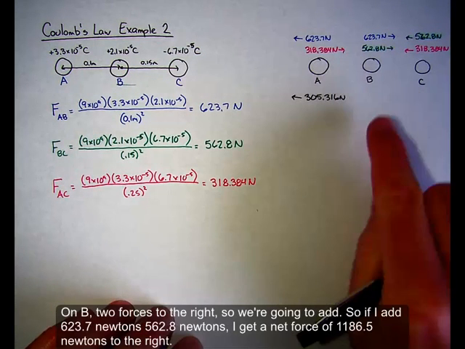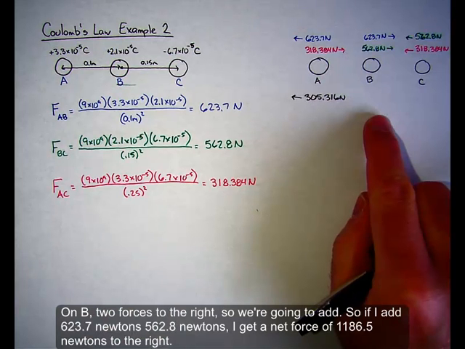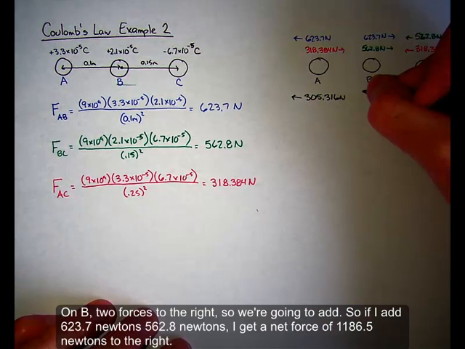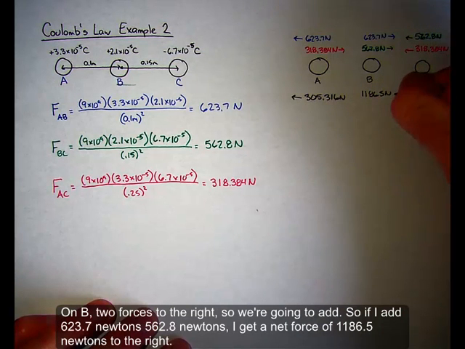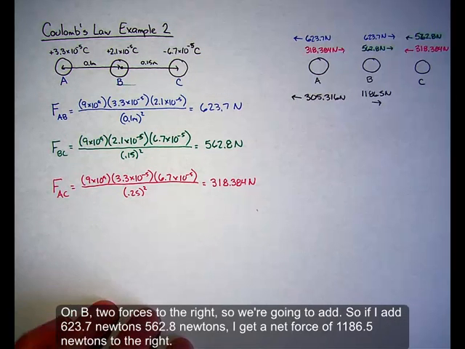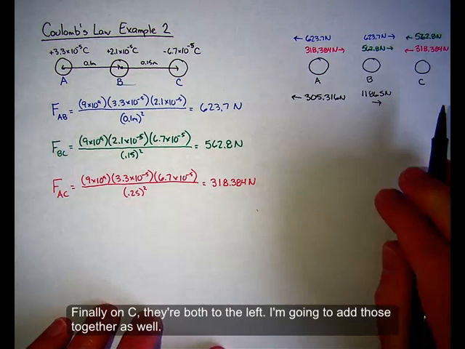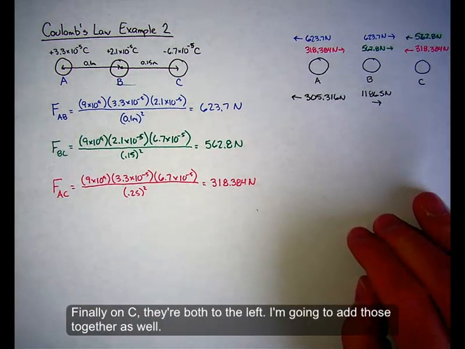On B, we have two forces to the right, so I'm going to add them together. So if I add 623.7 plus 562.8, I get a net force of 1,186.5 newtons to the right. Draw the arrow below there so I have a little more room. And then finally on C, they're both to the left, so I'm going to add those together as well.